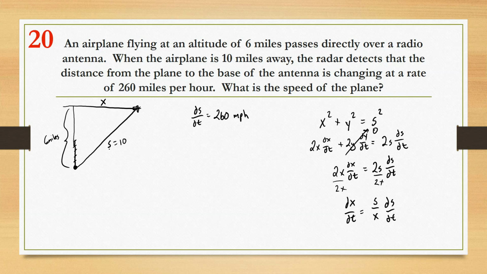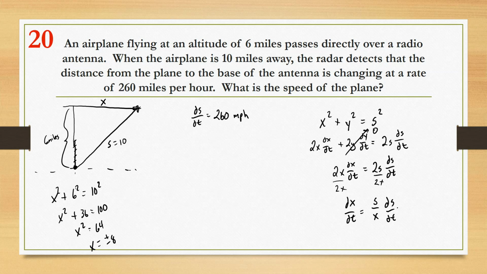So if that's 10, this is 6, we should be able to figure out that x squared plus 6 squared equals 10 squared, or x squared plus 36 equals 100, x squared equals 64, x equals plus or minus 8. Once again, since we're talking about a Cartesian coordinate system, the x value is in the positive direction, so x is 8.